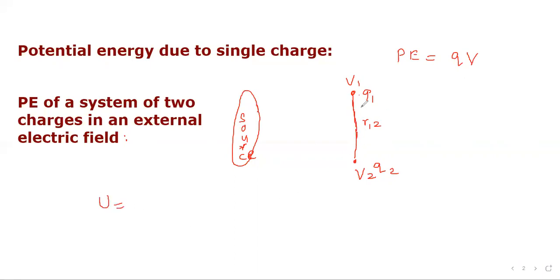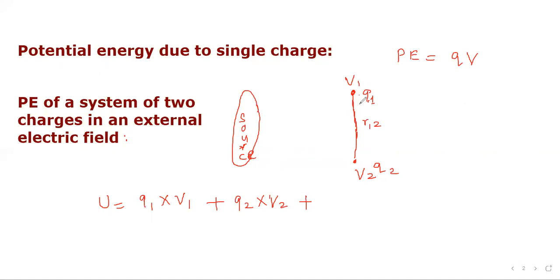It will be, as we know, that potential energy equal to Q times V. So when Q1 charge is brought at potential V1, then potential energy at this point will become Q1 times V1. Similarly, for this, when Q2 charge is brought at potential V2, then potential energy will be Q2 times V2.